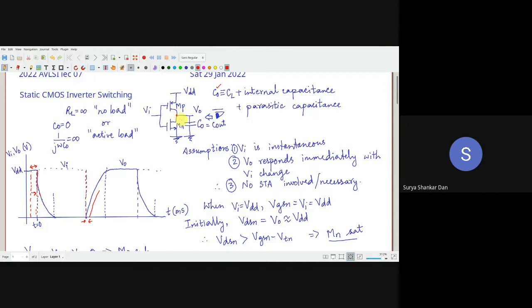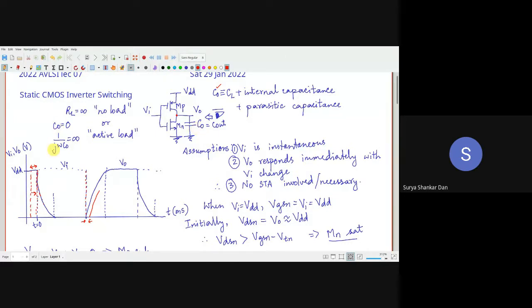In our previous lecture, we also saw the concept of no load conditions, right? When we are speaking about a resistive load, no load essentially means infinite resistance RL. The same thing is true for the capacitance also. If it is no load, the resistance offered by the capacitance is infinity.